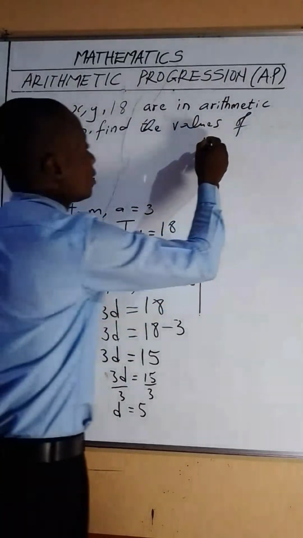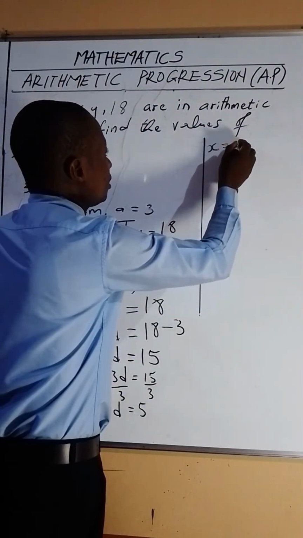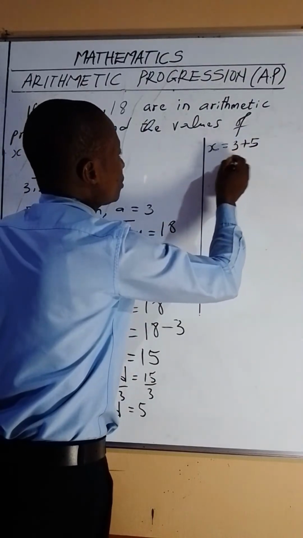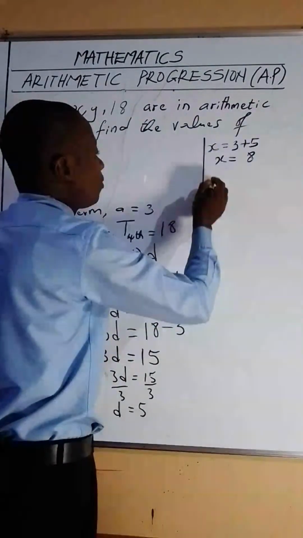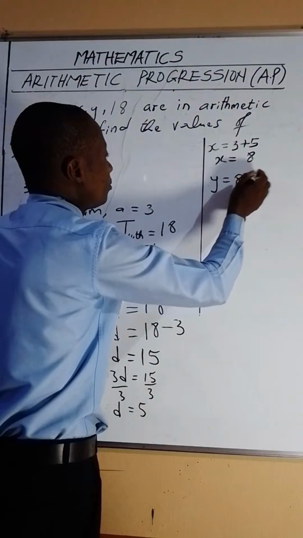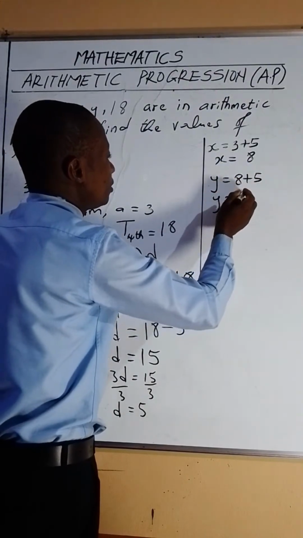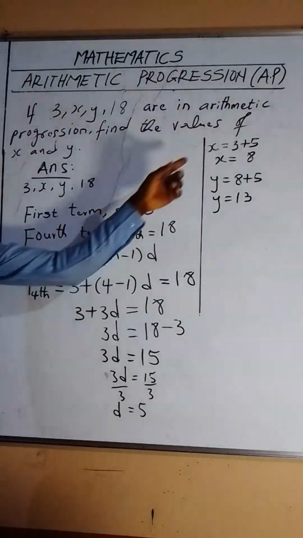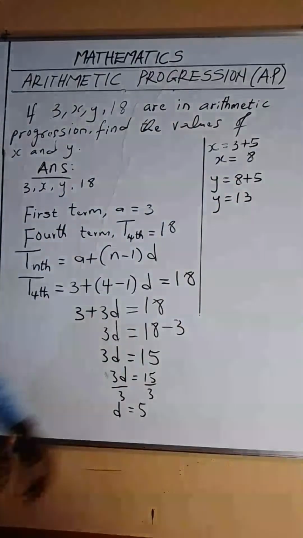X is equal to 3 plus 5, which is equal to 8. Then our y is equal to 8 plus 5, which is equal to 13. So these are the solutions. X is 8 and y is 13.